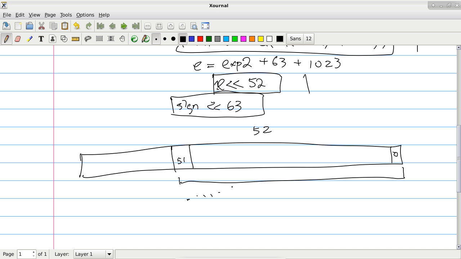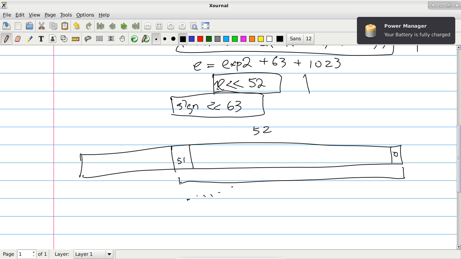Is that okay? So we want whatever we had to resemble this particular format. So we want to put that point, which is implicit, all the way here. So we have to shift the whole thing first to get rid of the digits that we have no place to represent, and then we have to move the point.